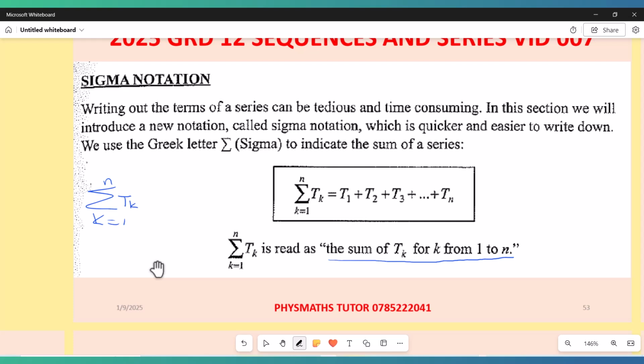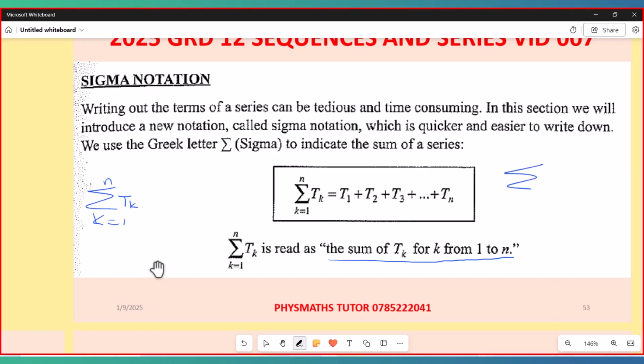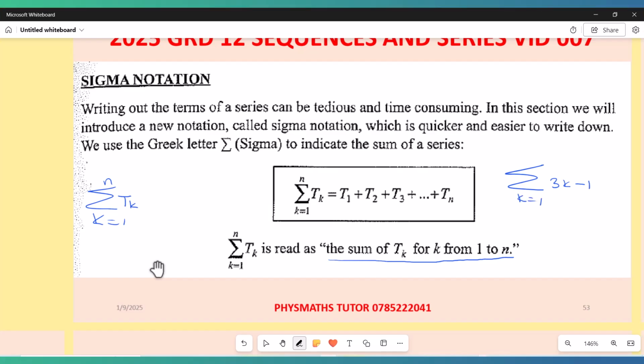Now let me explain what you see. In this Tk, the K means that we must have an expression containing K. For example, I can say the summation of 3K minus 1, from K equals 1 up to, let's say, 7.